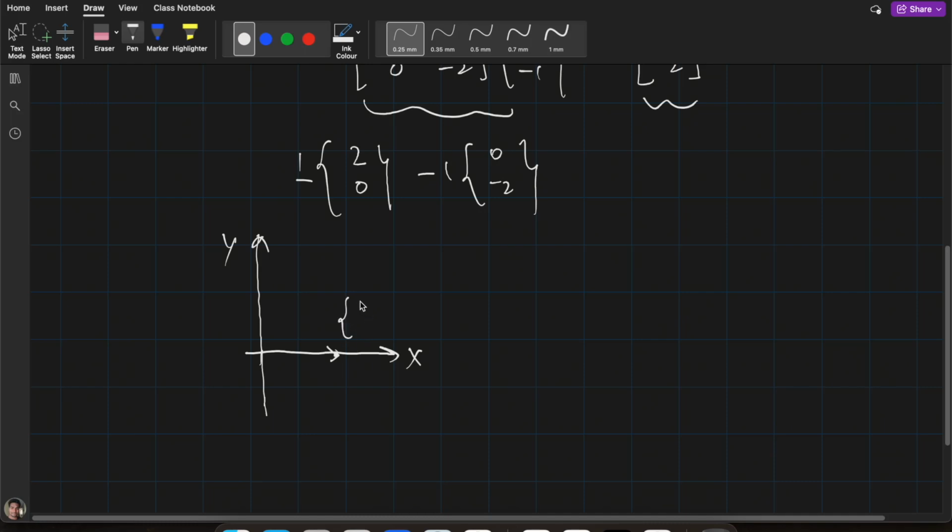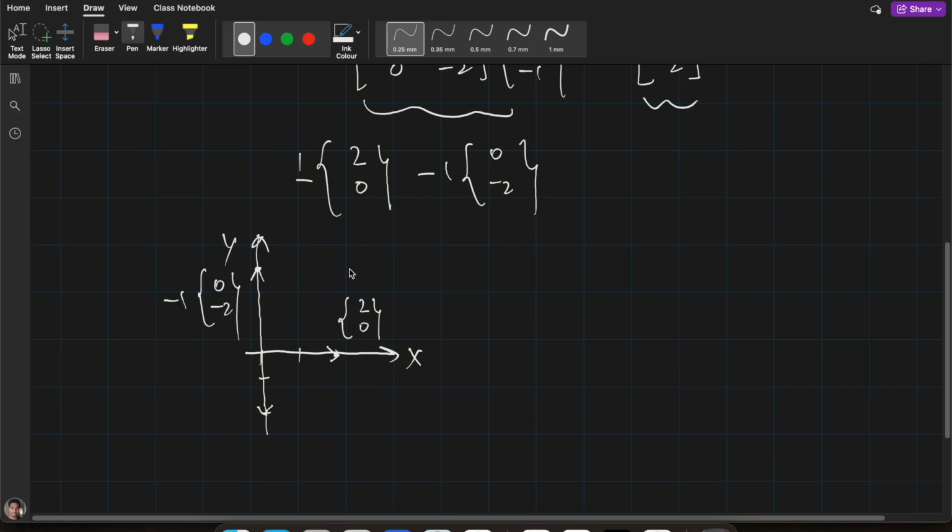Now the vector (0, -2) is being scaled by minus 1 times, which means the magnitude will remain the same and it will just change its direction. If you multiply by minus 1, this will become (0, -2).